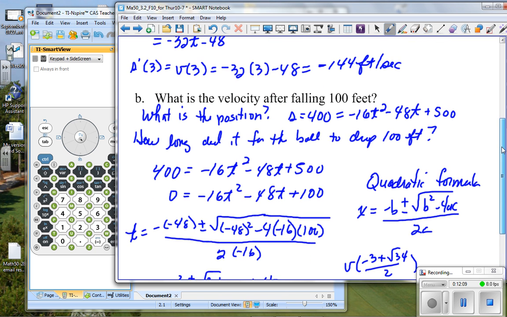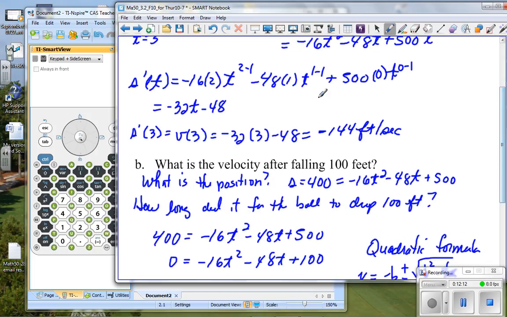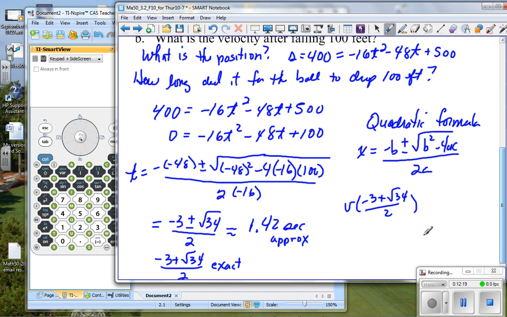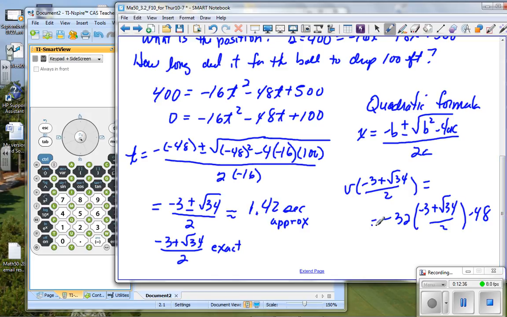Velocity, again, is the derivative of position, so we have to put it back into this, negative 32t minus 48. So negative 32 times this quantity and minus 48.